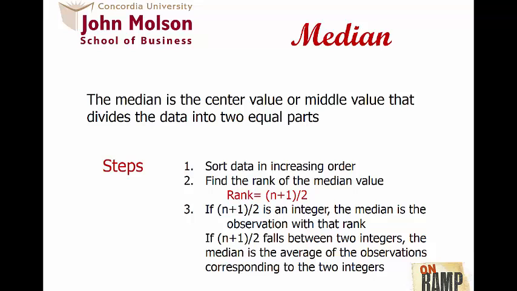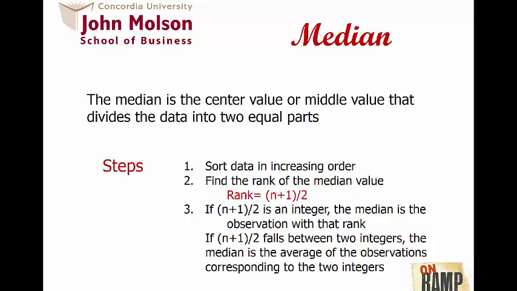The median, on the other hand, is the center value or the middle value that divides my sample into 2 equal parts. Of course, we have to do approximation. Sometimes the middle is between 2 values. The trick is just to get your data in increasing order and find the rank of that value.